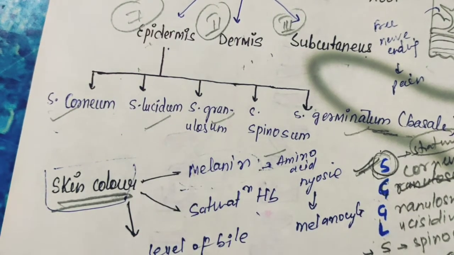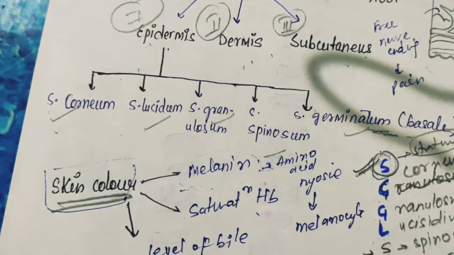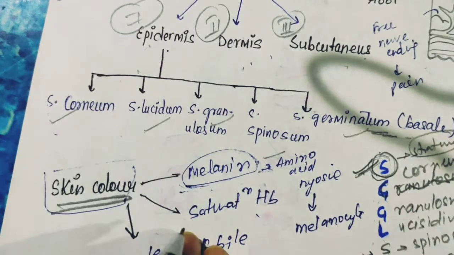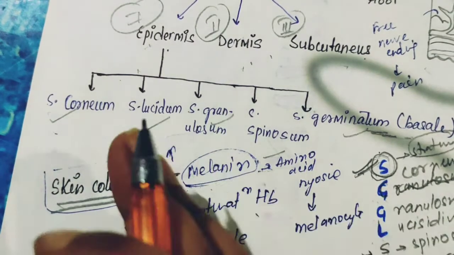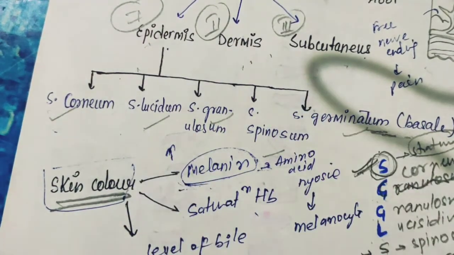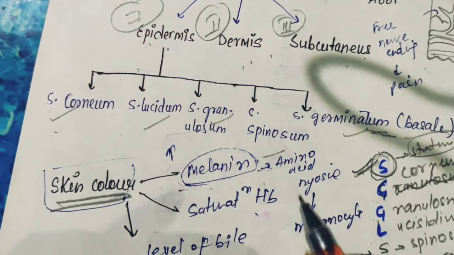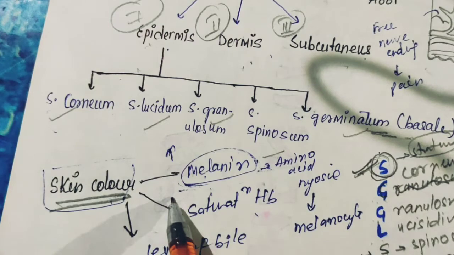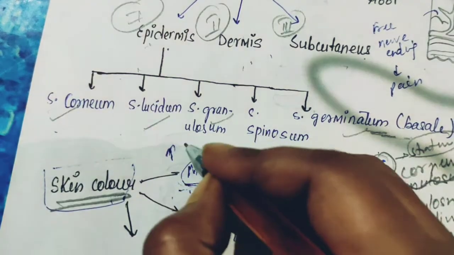Melanin protects our skin from the harmful effects of UV rays and sunlight. Those who have high melanin have a very good chance of not getting skin cancer. So melanin helps our skin color, and those who have high melanin are protected from UV rays.